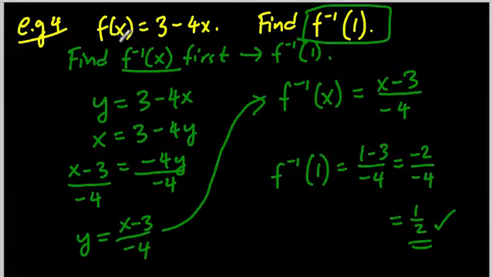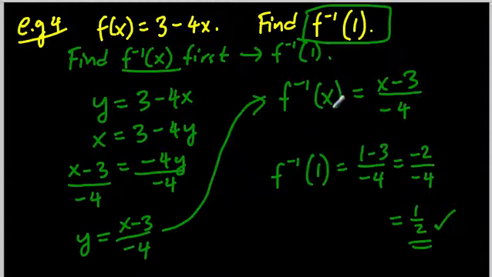So let's go over again how we can solve this problem. This problem is a little bit different because this time I didn't ask you for f inverse of x, I asked you for f inverse with a specific input, which is 1. So in order to do this, first we have to figure out what f inverse is. That's what we did. We figured out what f inverse was through our normal method, and we ended up here, where f inverse is equal to x minus 3 divided by negative 4.